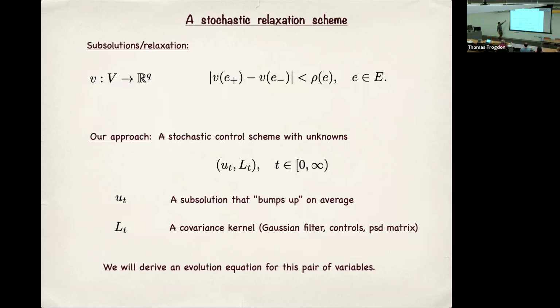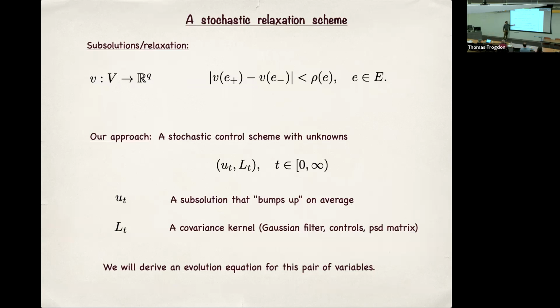What I'm going to be doing is, I'm a dynamicist, not an optimizer. So I'm going to write out a dynamical system for this evolution, and the dynamical system is going to involve two terms. The first one is a subsolution, something that is shrunk and is going to bump up on average. This is a mysterious term, and I'll try to give you intuition for it.